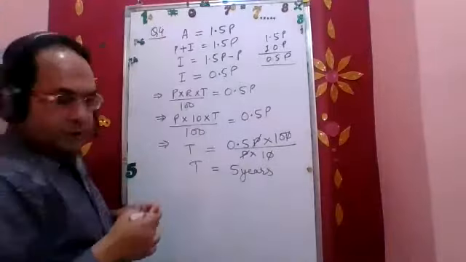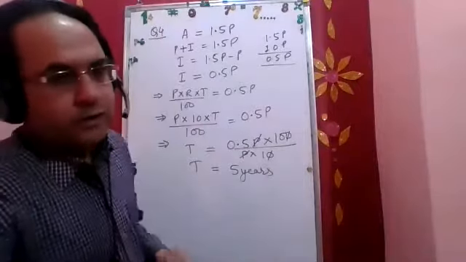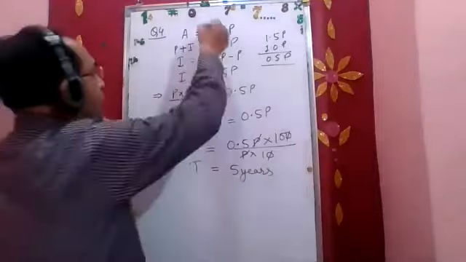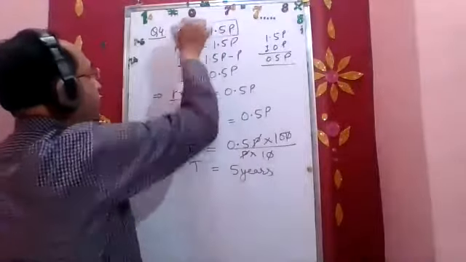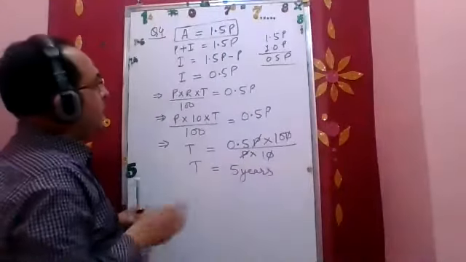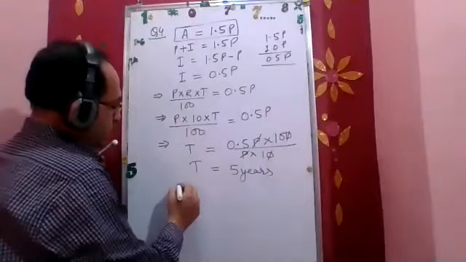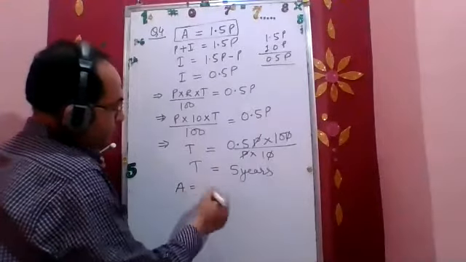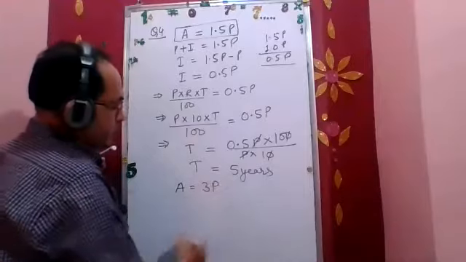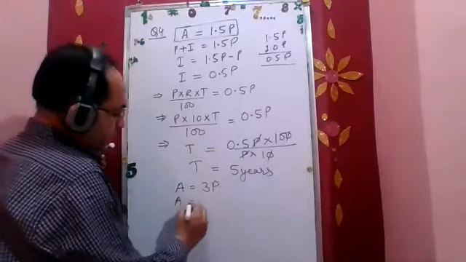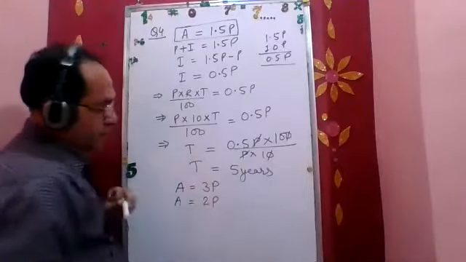Add to it, as in this question you were given, the money becomes 1.5 times the principal. Here, you may also be asked, money is doubled, money is tripled. For example, the money becomes triple, so A is equal to 3p. The money becomes 2 times, so 2p.